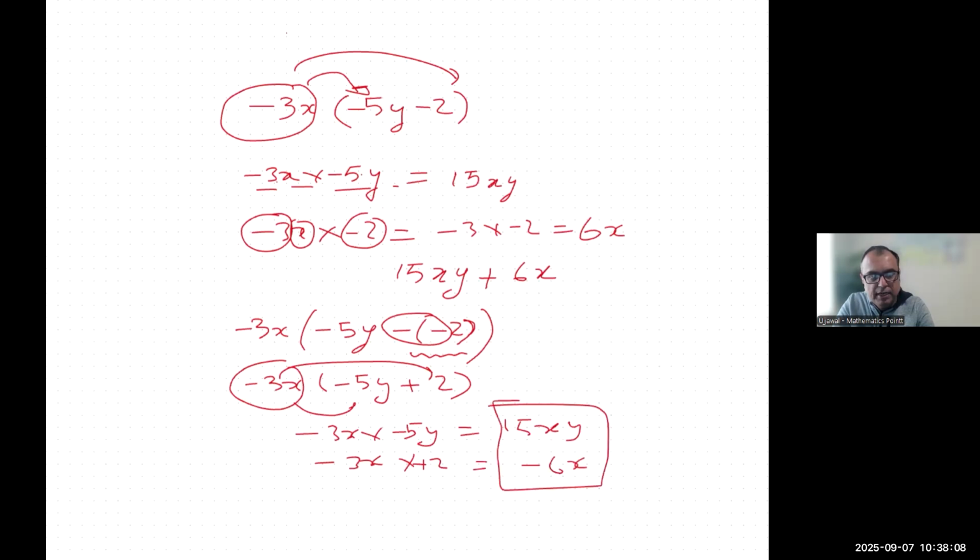So 15xy take away 6x. All right, a few of you were incorrect. It's 15xy take away, subtraction, minus. A lot of you have made that mistake.